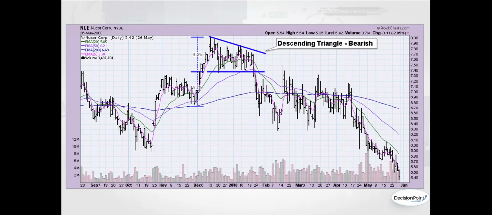So here's the descending triangle. Remember, with the ascending triangle, we had a flat top and rising bottoms. On the descending triangle, we have a flat bottom and declining tops. So in this case, you have that support line, you have price coming down into it, then you have price come back up, not make it all the way to the top because the bears start to win the battle, and then price will start to come right back down.